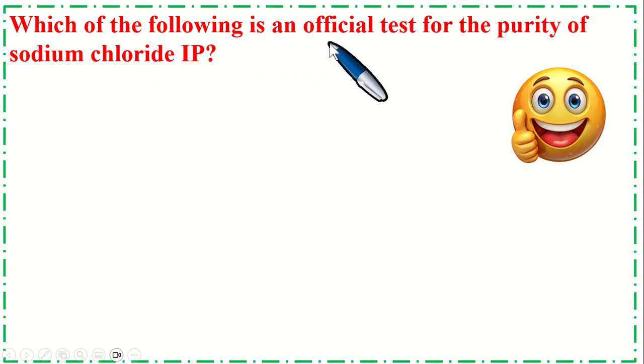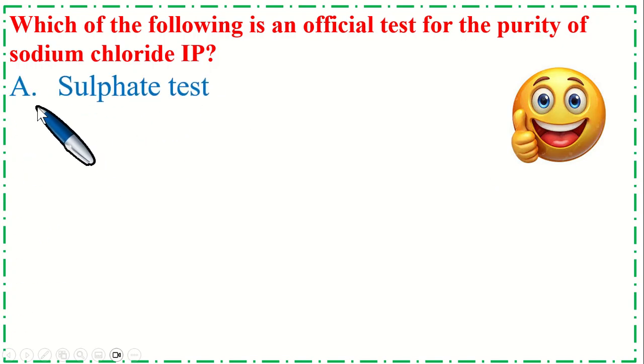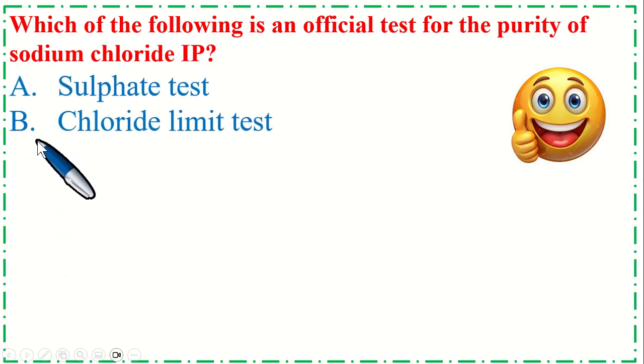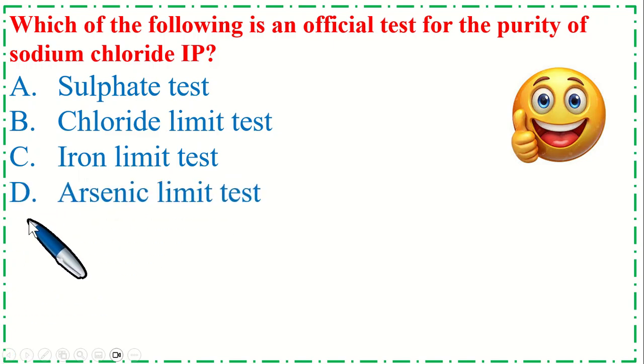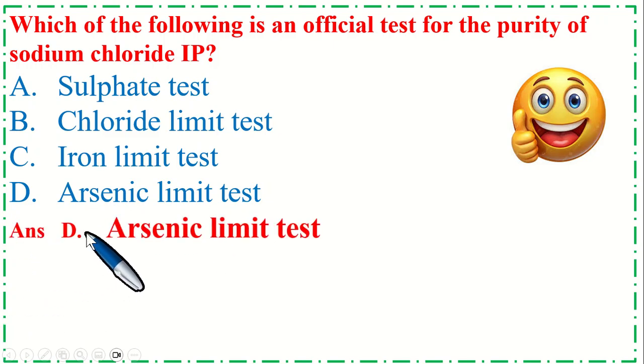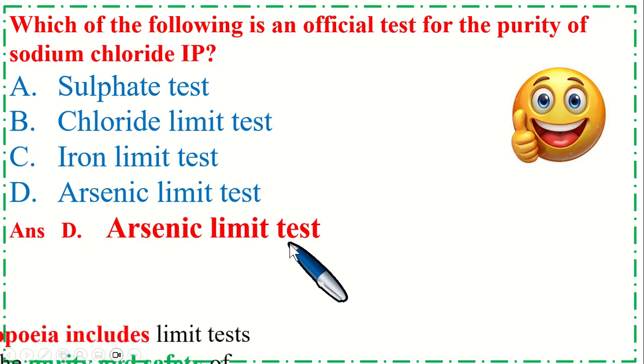Which of the following is an official test for the purity of sodium chloride IP? Option A, sulfate test. B, chloride limit test. C, iron limit test. And option D, arsenic limit test. So the correct option is D, arsenic limit test.